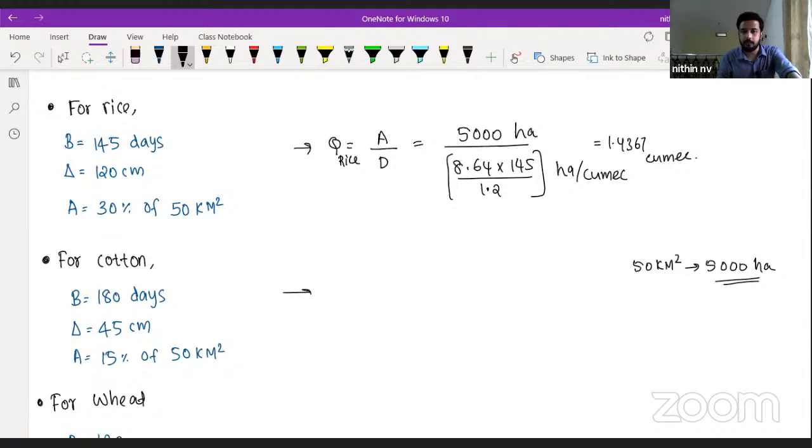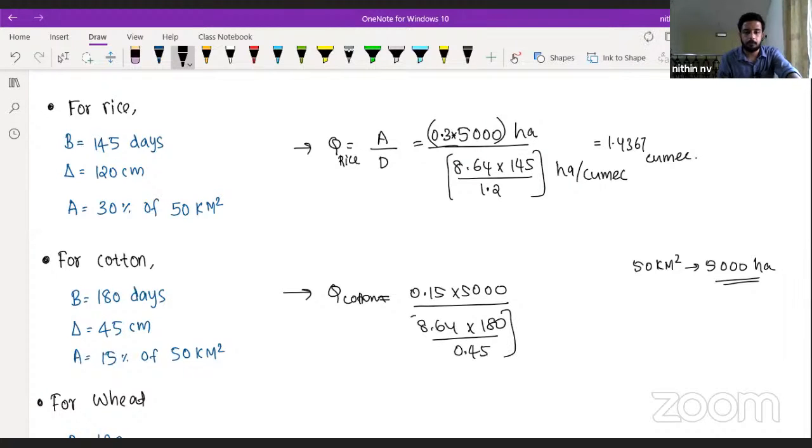So similarly, you can calculate for cotton also. Sorry, this is not 5,000. Intensity is 30%, so 0.3 into. The answer is correct, but I have written it wrong here. So similarly, Q for cotton we can calculate. Q cotton is equal to 0.15 into 5,000 hectare, 8.64 into 180 divided by 0.45.